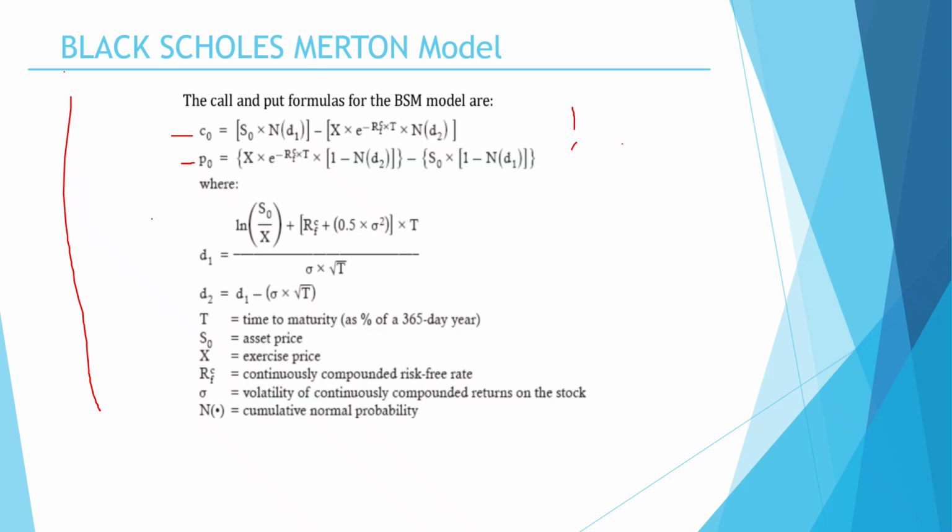We are starting the option here and the option will mature at this point, which is t. Now, the value of the option at this point t is based on this formula, which is S minus X.